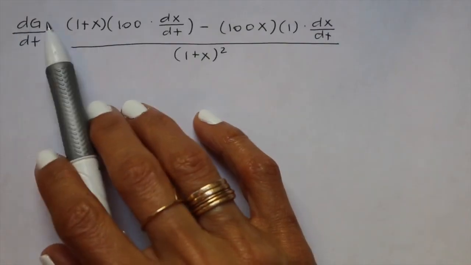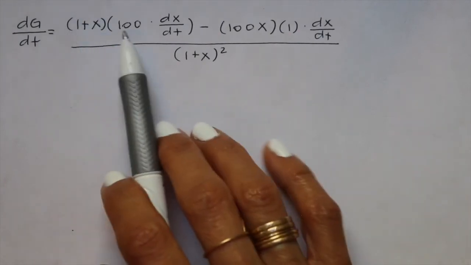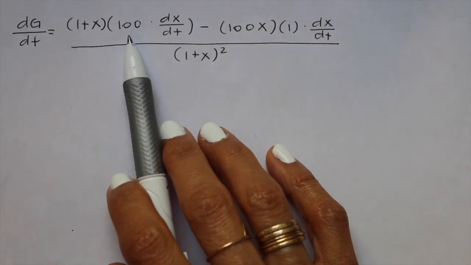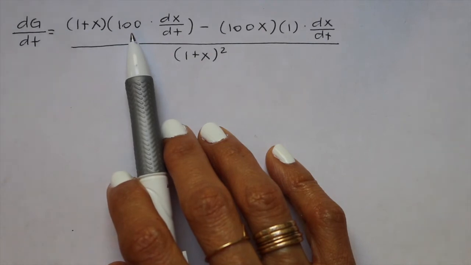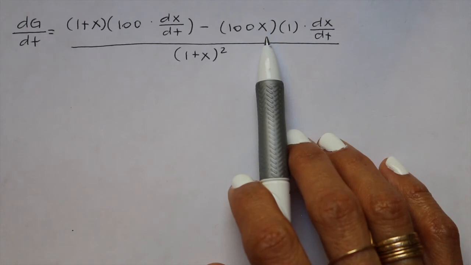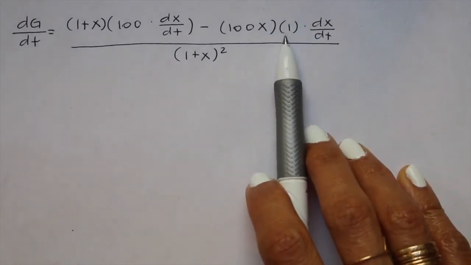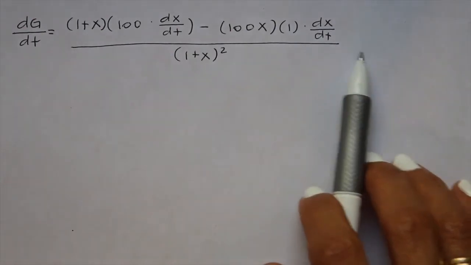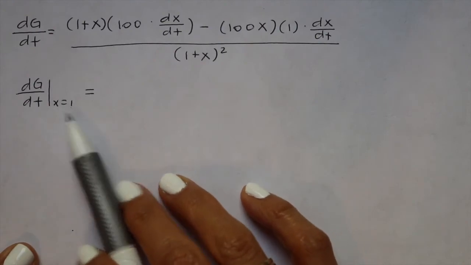So the derivative of g with respect to time, I started with low, 1 plus x, and then d high, so the derivative of the top is just 100, but because the top had 100x, and x is not t, we're going to times by dx dt, minus, and this is high, and then d low, the derivative of 1 plus x is just 1, and again, because x is not t, we're going to times by dx dt, all over the low squared. And we're going to evaluate this derivative when x equals 1.